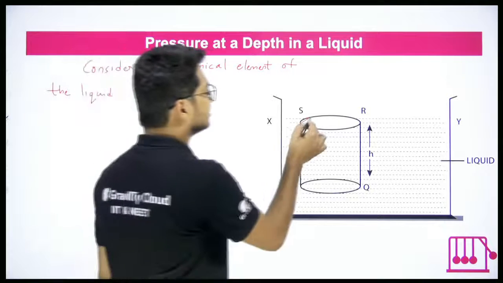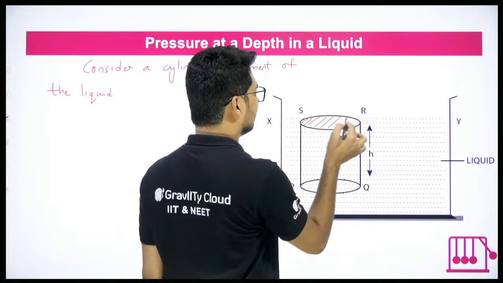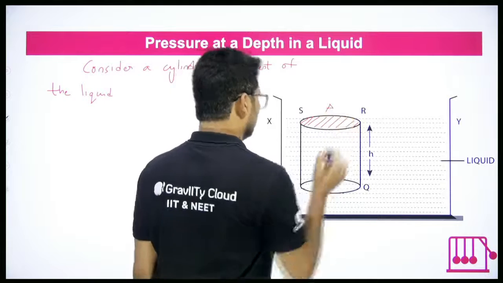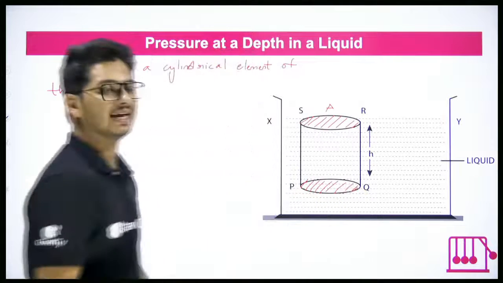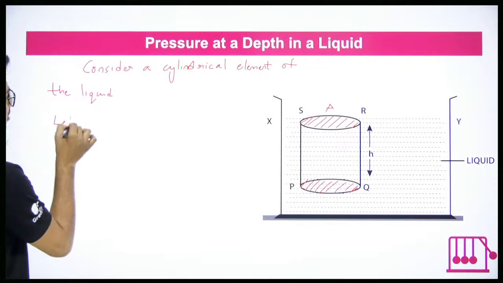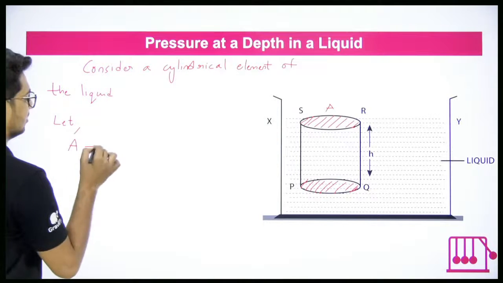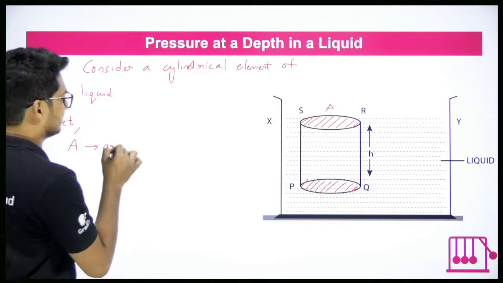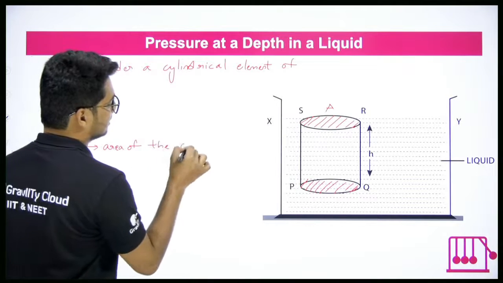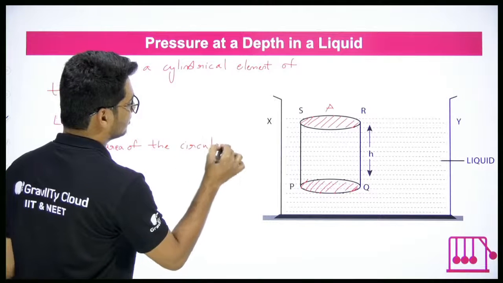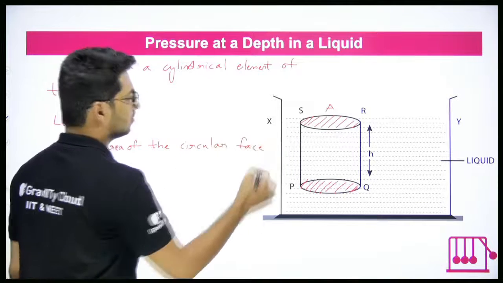Now what I'll do is, this area I'll call it as A. The area of this circular face, we are calling it as A. So let A be the area of the circular face.